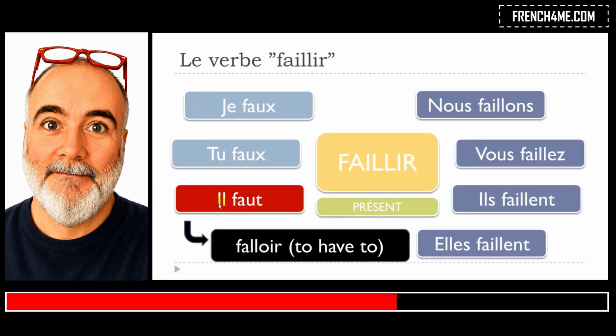But it's quite interesting because it is exactly the same form, okay? But when normally you encounter in the text il faut, then in most of the cases, it will be connected to falloir, okay? But keep that in mind. It might be connected with faillir even if we don't use the present form that often, okay?